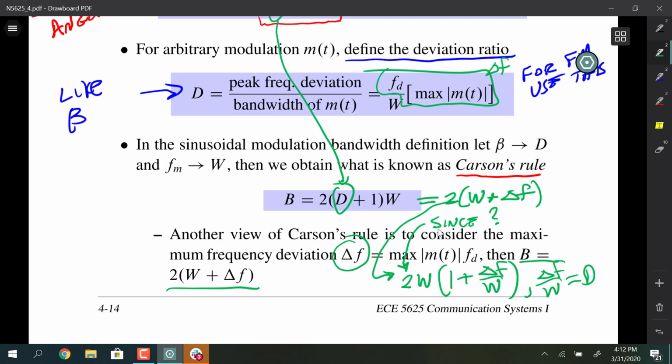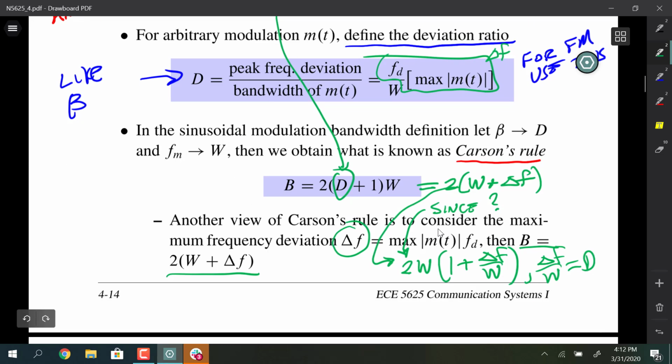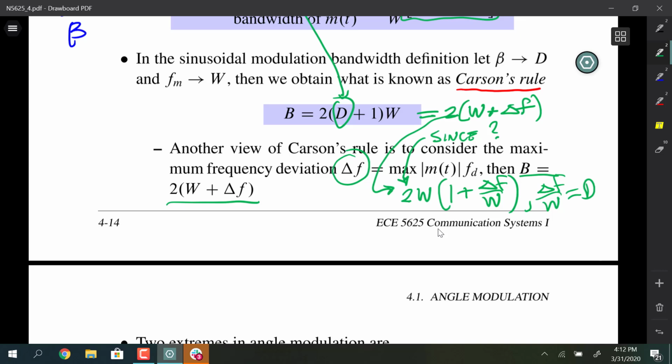What I like about them is that the first one follows directly from the development from the Bessel functions for the special case of sinusoidal modulation. But the second definition is nice because it says that the bandwidth is composed of 2 parts. 2W is like double sideband.